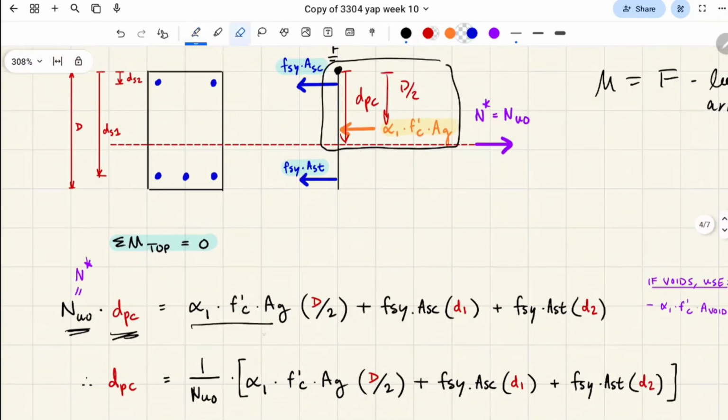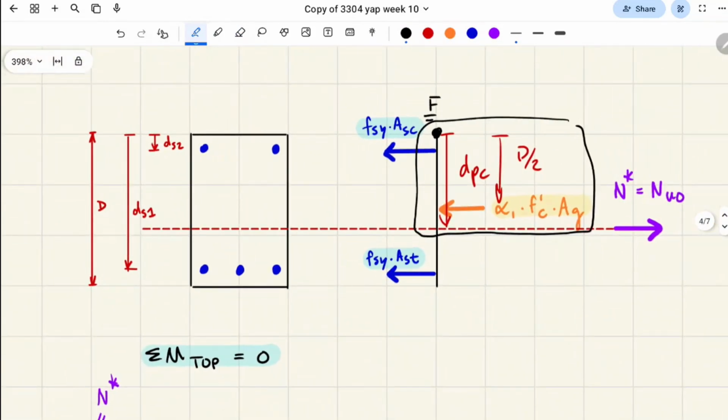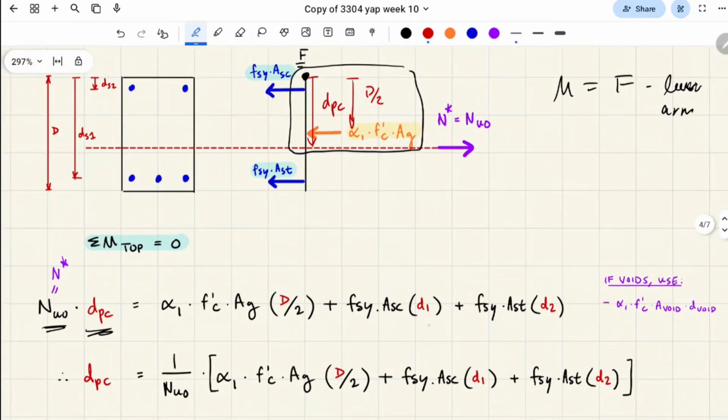So force of the concrete, half of the depth, plus for the compressive bars, that's this one, and the depth we call it DS1, DS2. I've called it the other way around, so I'm going to change this. S2, S1, right?